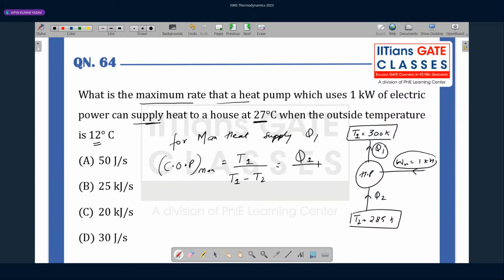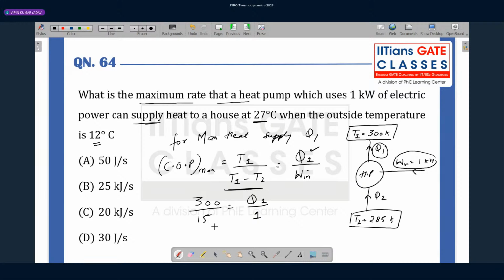Q1 is the desired output. In order to get this desired output, what do you need to give? You need to give work input. So I need to find this for the maximum COP. T1 is 300, divided by 300 minus 285, which is 15, equals Q1 upon work, which is 1.